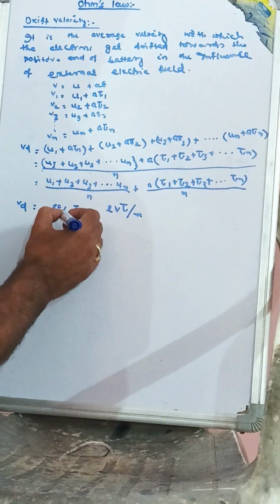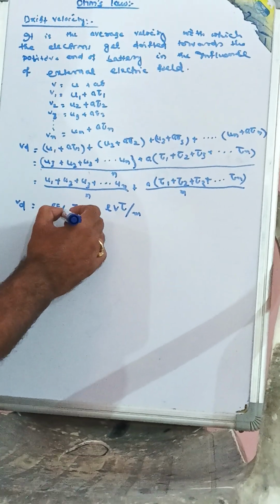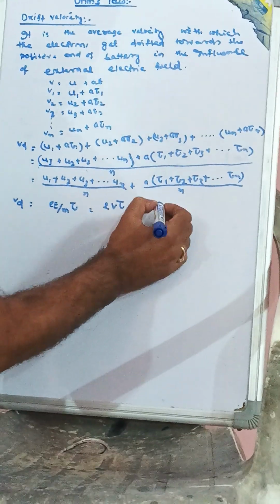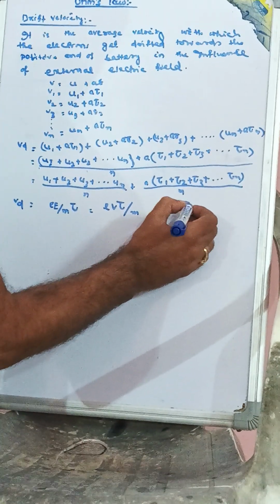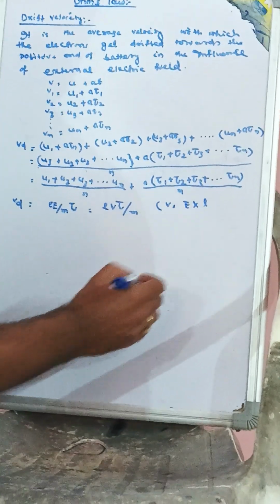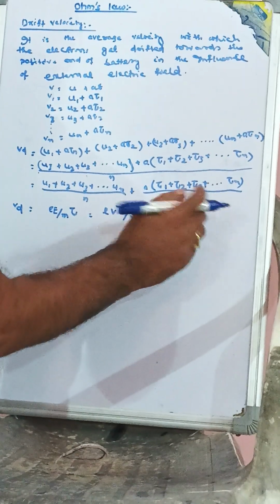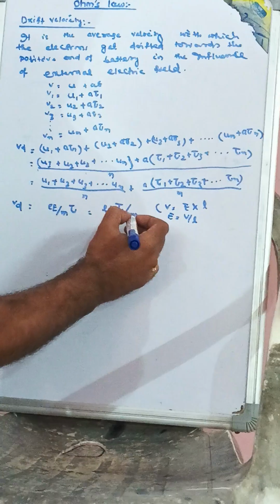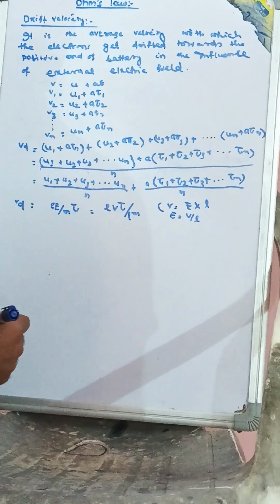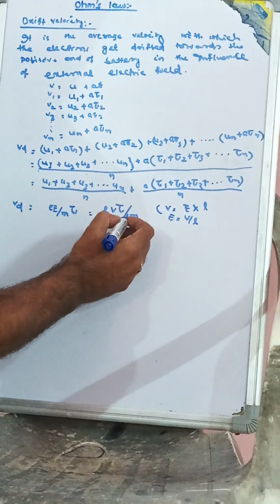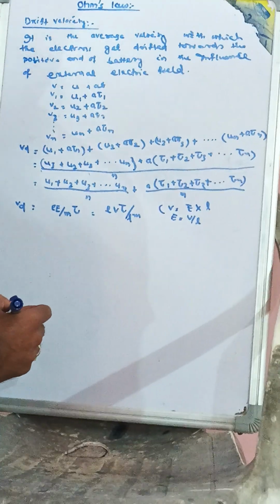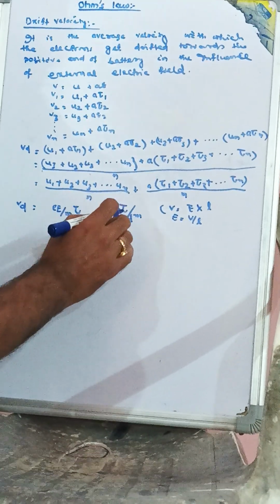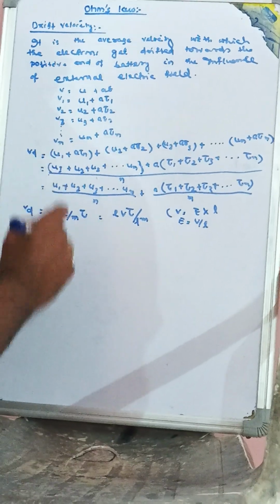E is equal to V by L. Okay, we do next time. E divided by m tau. E is equal to V by L, so Vd is equal to eV tau divided by Lm.